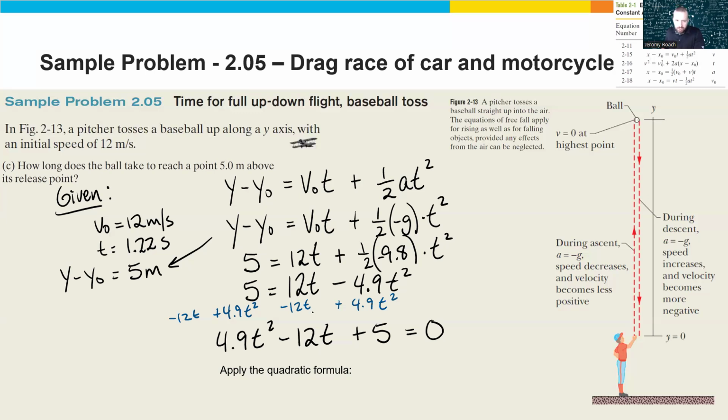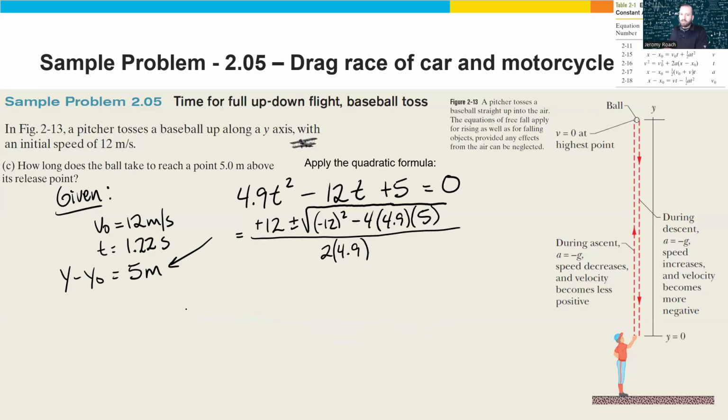Now we're going to write a quadratic for this. When we write a quadratic, we set everything equal to 0. So now we have this quadratic, and we're going to apply the quadratic formula. b is negative 12, so minus b is positive 12, plus or minus the square root of b squared, which is negative 12 squared, minus 4ac. 4 times a, which is 4.9, times c, which is 5.